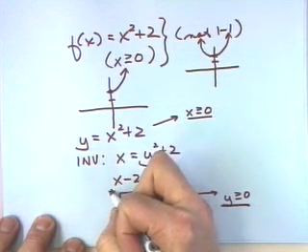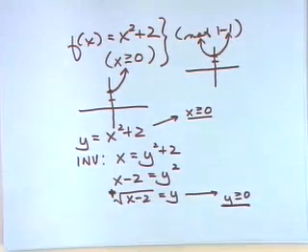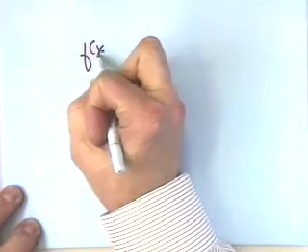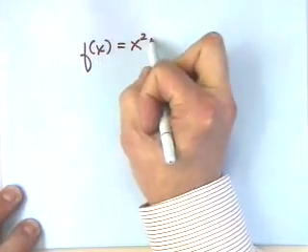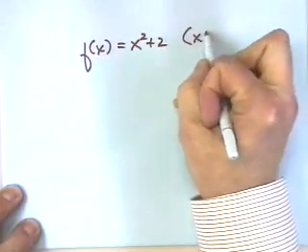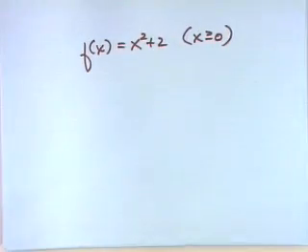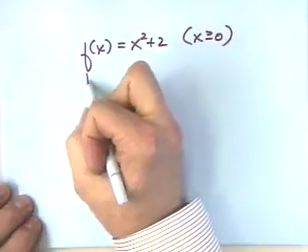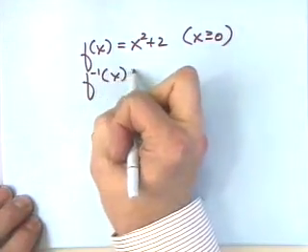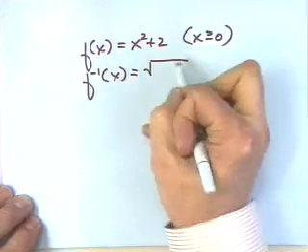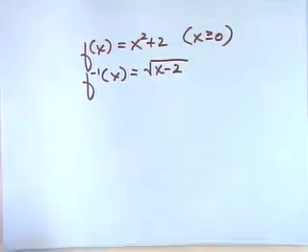So we just want the principal square root only, which you don't need to put anything there if you want the principal square root. So what do we have? We have our original set with the restricted domain, and then we have our inverse, which was the principal square root of x minus 2.